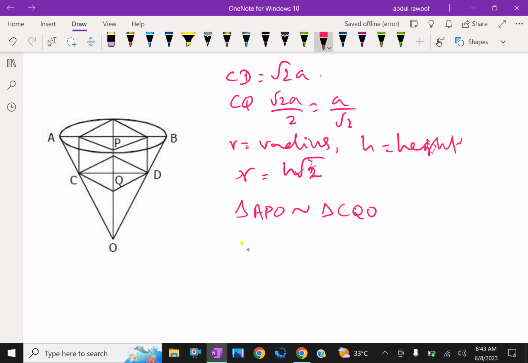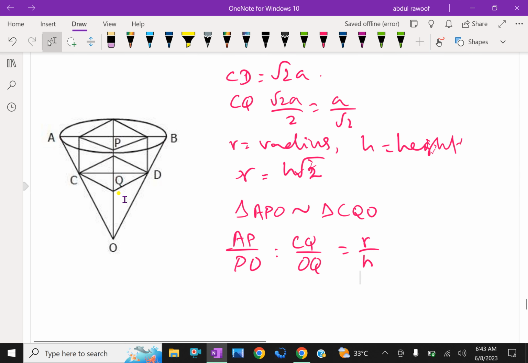From that relation, AP by PO equal to CQ by OQ, which is equal to R by H. That CQ is half of the diagonal of the face of the cube, which is a by root 2, and H is the height of the cone.